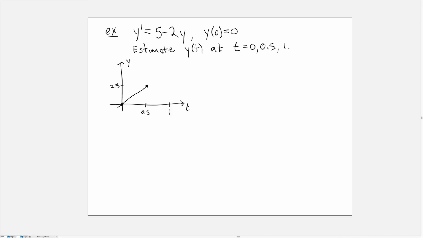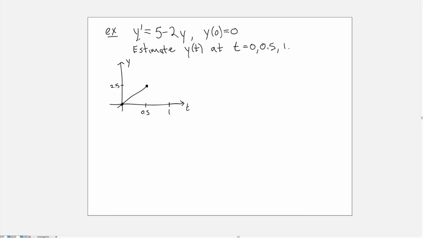And what do we do once we get out to 2.5? Even though we should have changed the slope all the way along here, because the formula tells us the slope will decrease as y increases, I've waited till this point, and now I'm finally going to update my slope. I plug in a new value of y, which is 2.5.